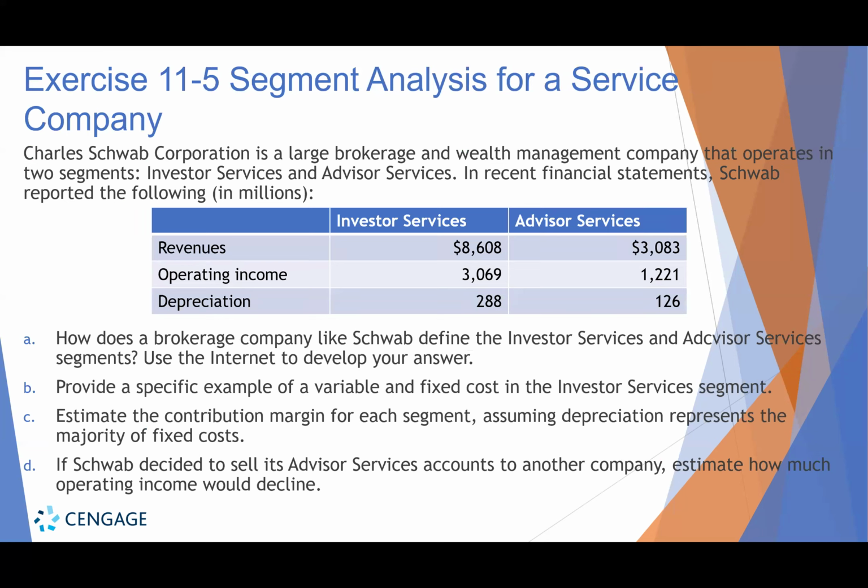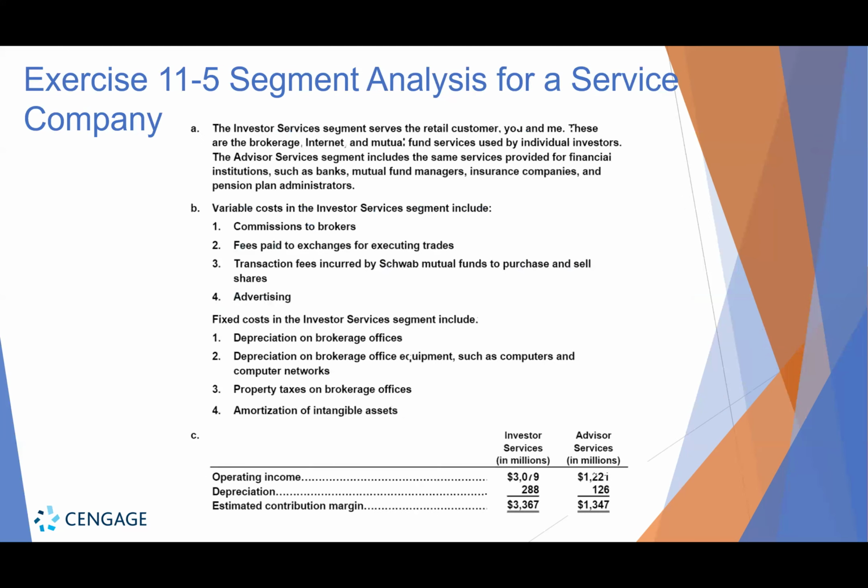So we can look at a service company. Charles Schwab is a brokerage firm, and they have investor services and advisory services. And you see the revenues for each segment. How does a brokerage company define what an investor service is versus what an advisor service is?